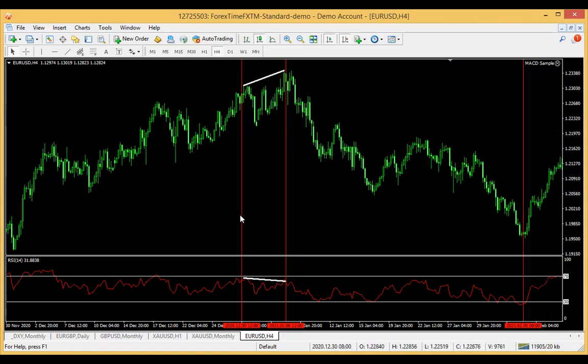If the market touches overbought, which is 70, you see, it starts selling. So with the help of RSI, you can use it to indicate when the market wants to reverse and when it wants to retrace, okay?